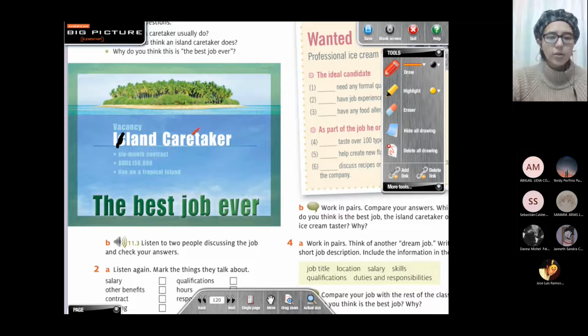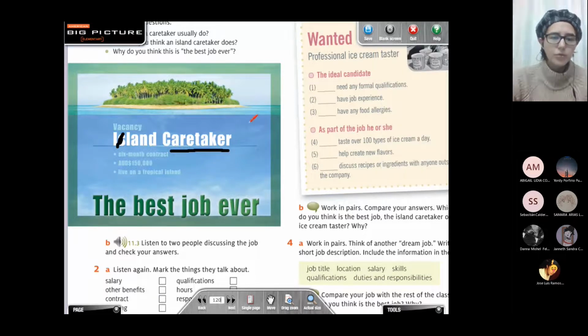Vacancy, island, caretaker. What do you understand for caretaker? ¿Qué clase de persona o de trabajo es esto? Island caretaker. What do you think? So here we have two verbs. We have the verb care and the verb take, right?